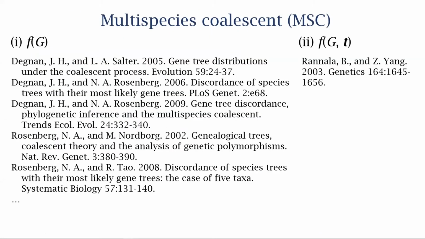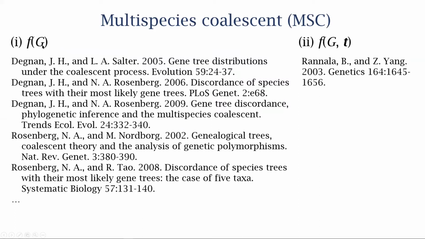So now I'm going to give you a bit more introduction of the MSC. They have mainly two lines of research in a way, developing the theory. One gives you the probability distribution of the gene tree topology.